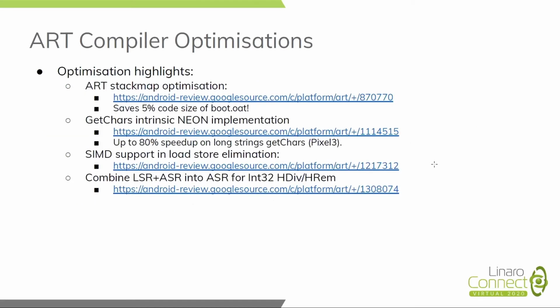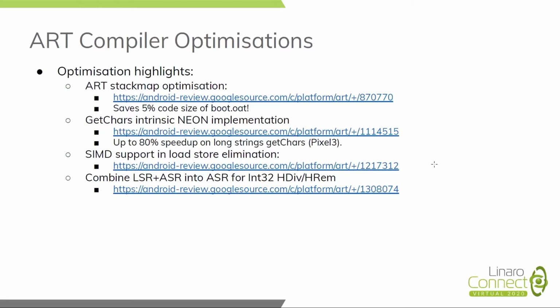So here are some highlights of the optimizations we've done in the past year. First of all, we optimized the ART stack map format in the ART compiled oat file. This gives a very significant code size reduction. For example, this optimization alone saves 5% code size for the system boot.oat file. We optimized the ART getCharsNoCheck intrinsic with a Neon implementation.